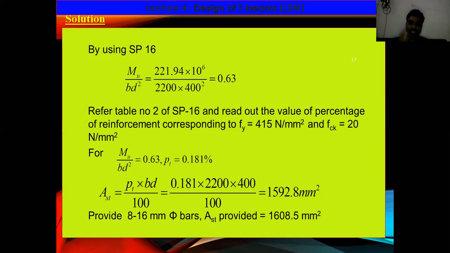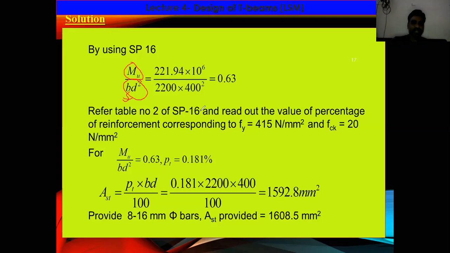As per Table 2 of SP 16, there are a lot of tables based upon the percentage of steel and Mu by bd square. If you calculate the Mu value corresponding to Mu by bd square, here b is nothing but bf, that is the effective width of the flange.